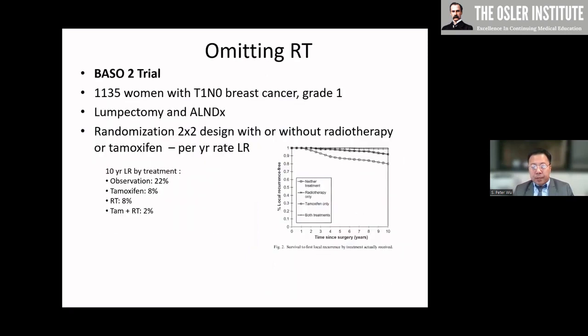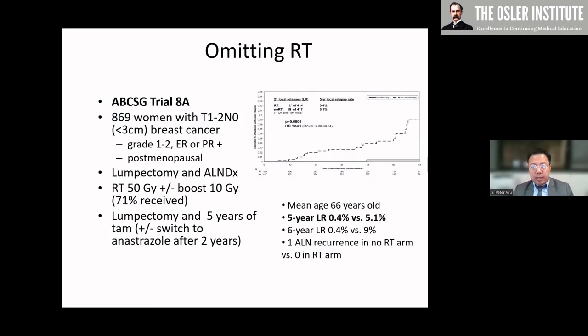And the BASO 2 trial, very similar results as well. It was 8% versus 2% at 10 years. The ABCSG trial, also very similar results. It was 0.4% versus 5.1% at 5 years.